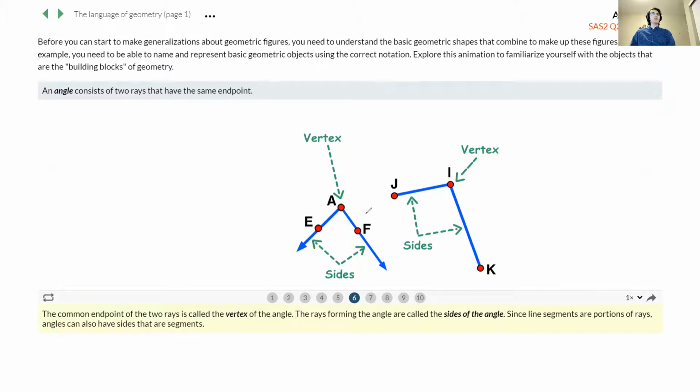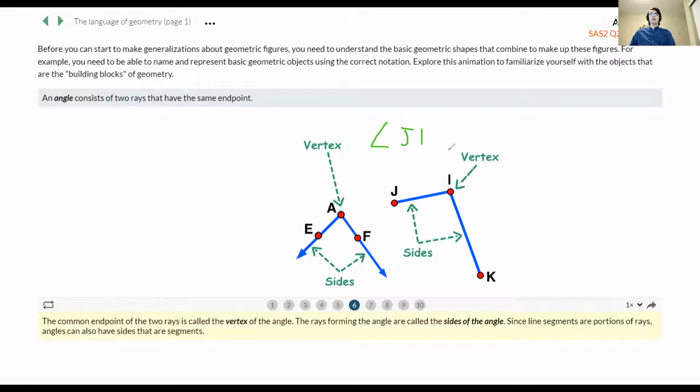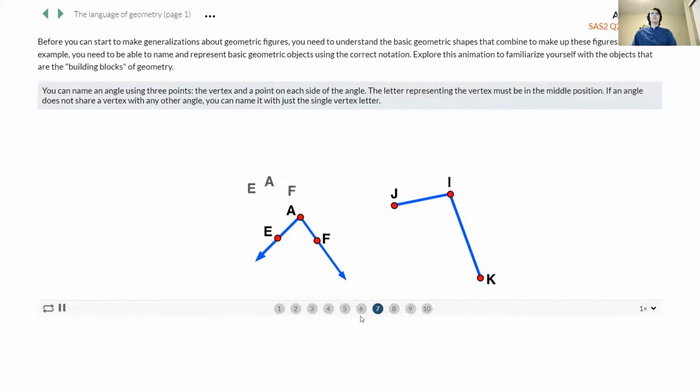Well, two line segments or two rays, you would need 4 points to make them unless they share a point, which is why these only need 3. So notice I could say this is the angle of JI and of IK, but notice the I is shared, so I don't need to say I twice. I can get rid of 1, leaving me with JIK. That is why when I name the angle, the vertex has to go in the middle.